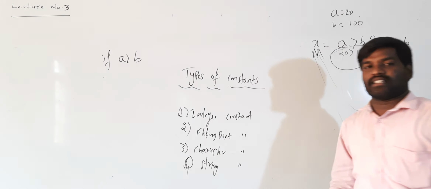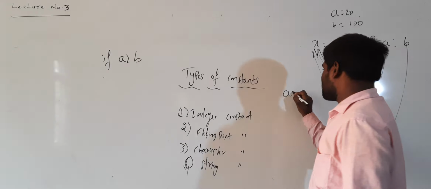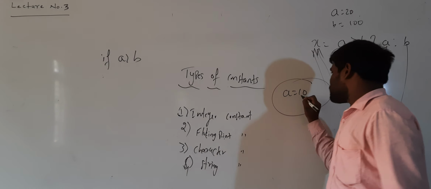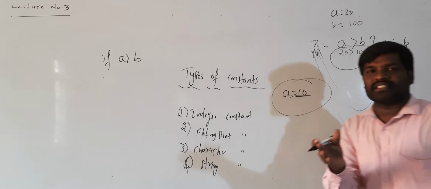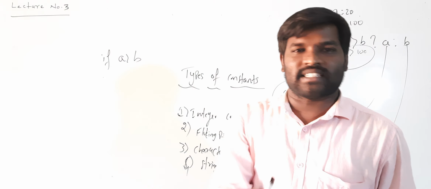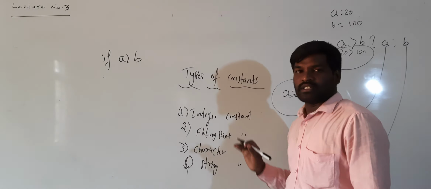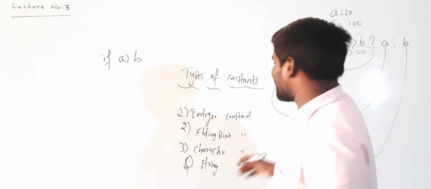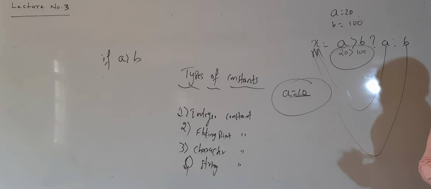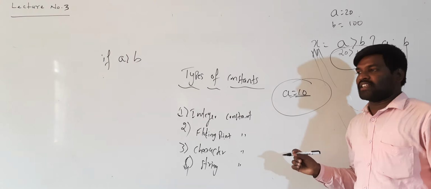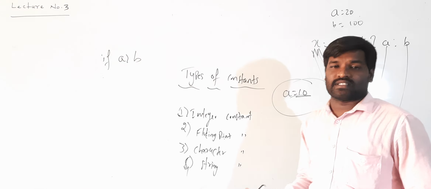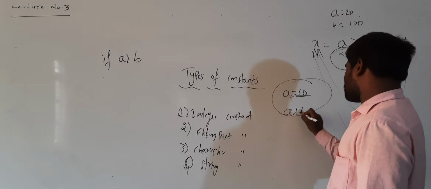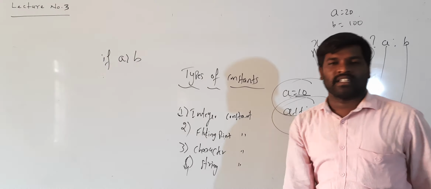First is the integer constant. For example, a = 10. This is an integer value. If we define the integer value as a constant, that is an integer constant, a number which does not have any fractional part. Here a = 10 as a constant in the program means throughout the program the a value remains the same. If I write a++, the system will generate an error message.